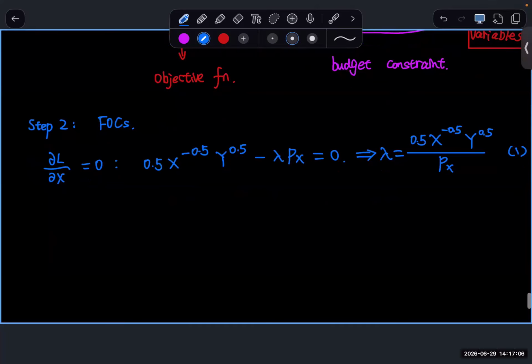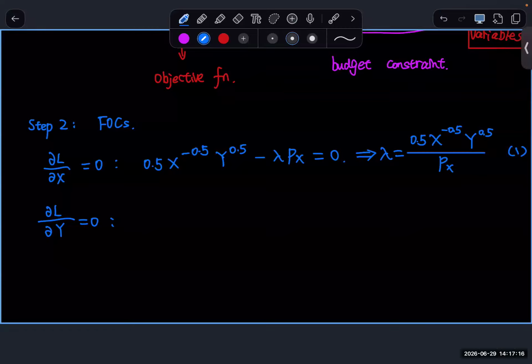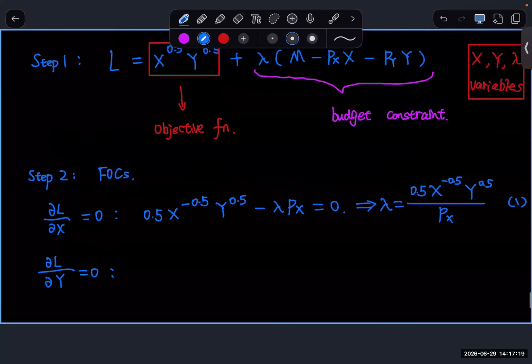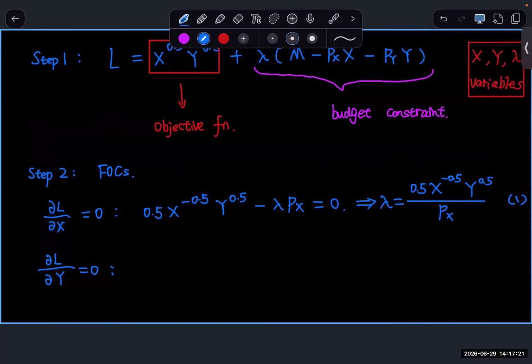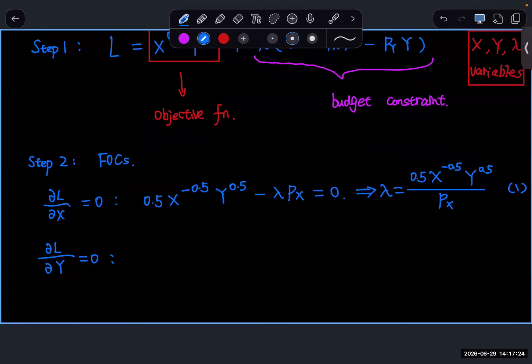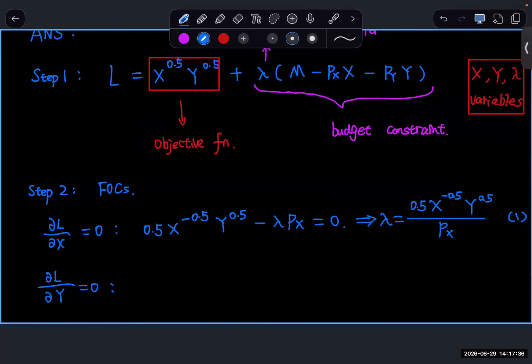How about the first order condition for y? So ∂L over ∂y equals 0. Okay, I give you 4 minutes. Please find the first order condition for y. That means you take the derivative with respect to y only.